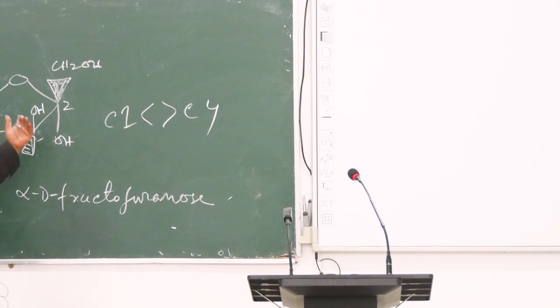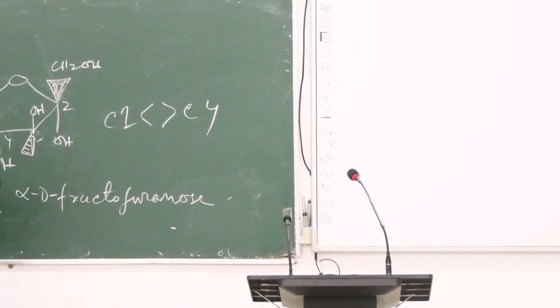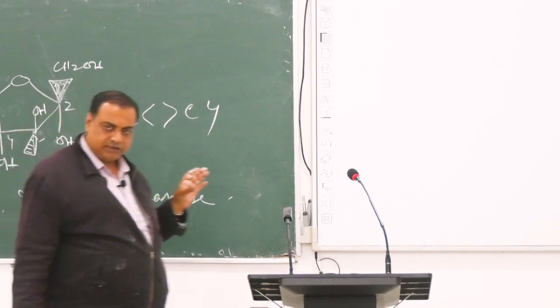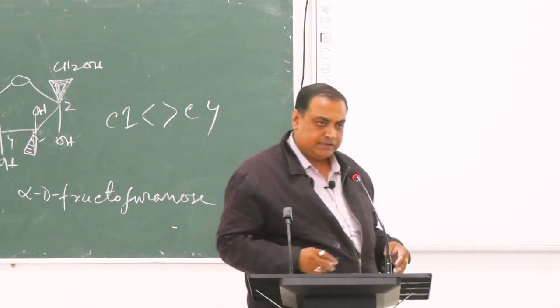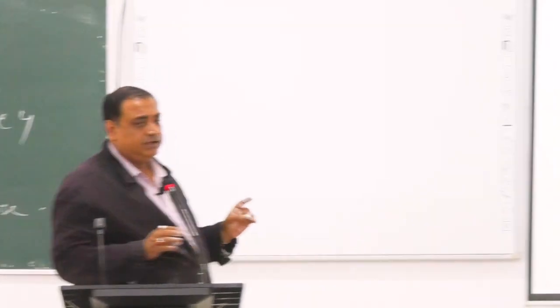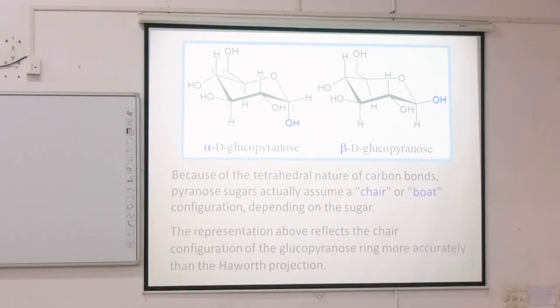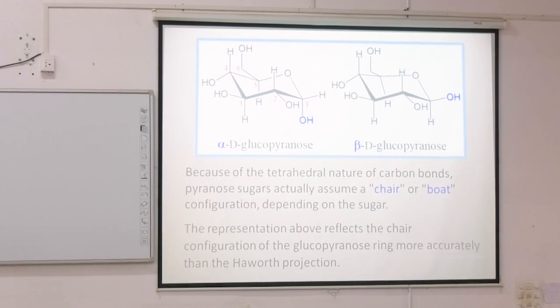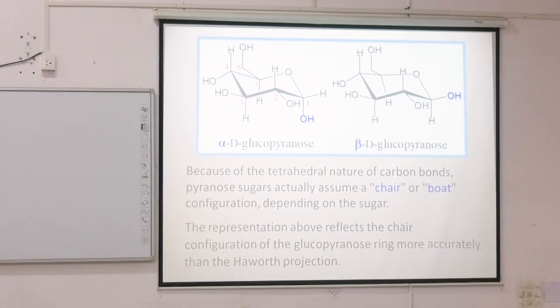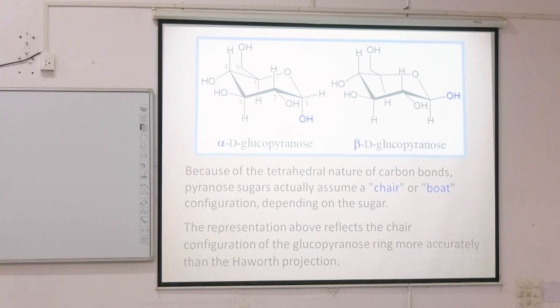If it is towards you from the plane, then it is solid. Away from you is hollow. Correct? Like this, away, like this. So this is how they actually exist. They may exist in chair form, boat form, half chair form, etc. Okay, but we do not expect you to remember this. So for isomerism of carbohydrate, if you just mention those 5 points, this is more than sufficient.